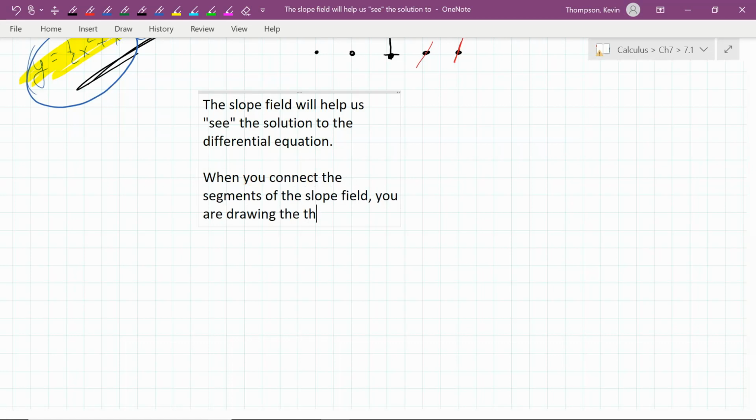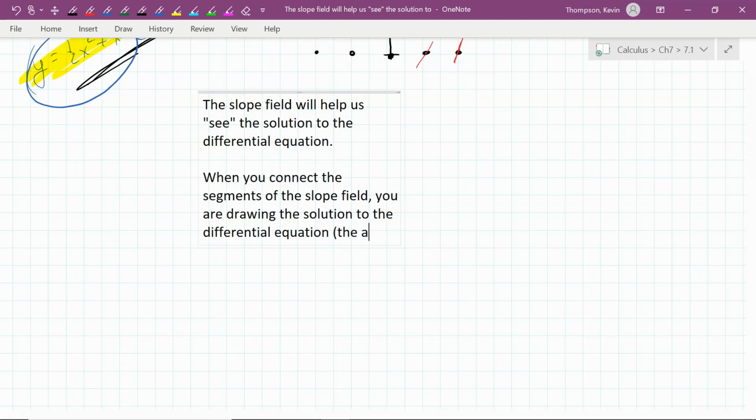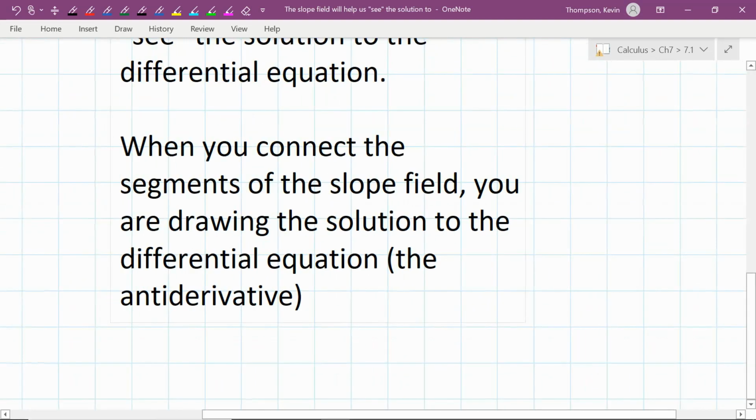So I'm going to start with the solution to the differential equation. Which is the antiderivative. When you connect the segments of the slope field, you are drawing the solution to the differential equation. You are drawing the antiderivative.